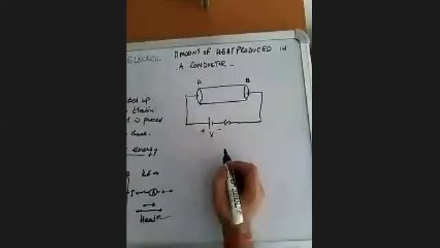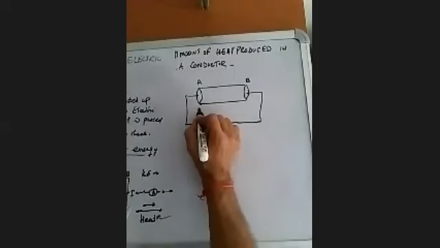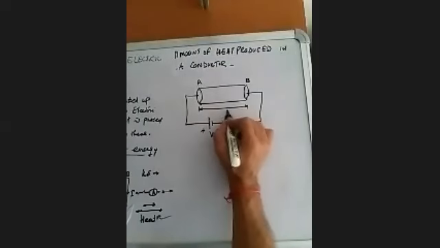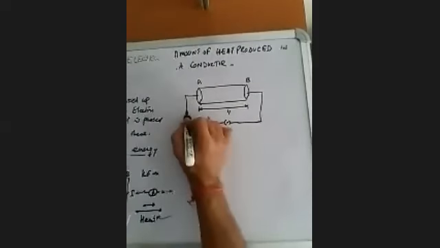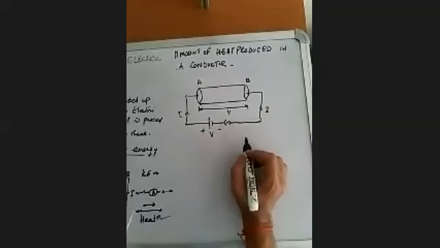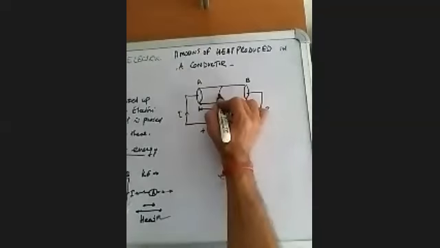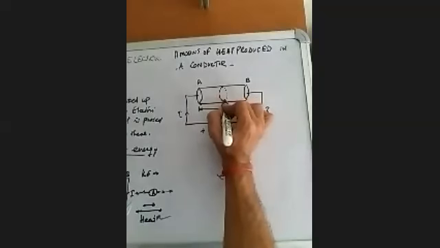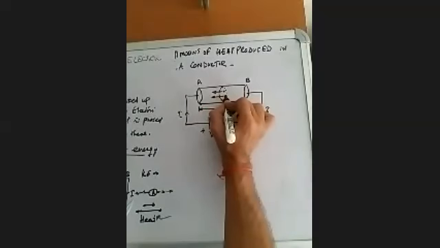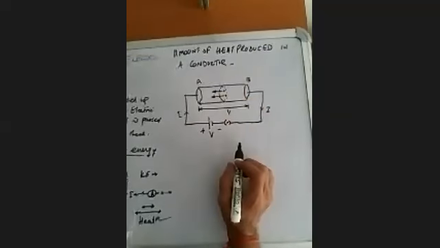So this potential difference applied by this will be same as potential difference between points A and B. So this is the current flowing I in this direction. So therefore electrons will flow through any cross section of the conductor in this direction. So these are electrons. Okay.